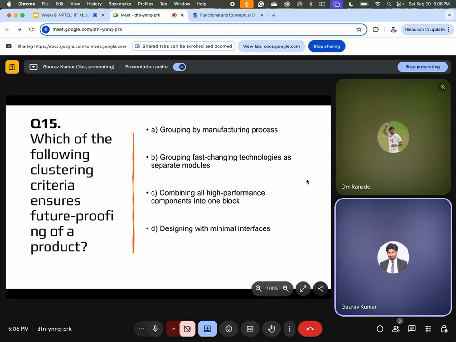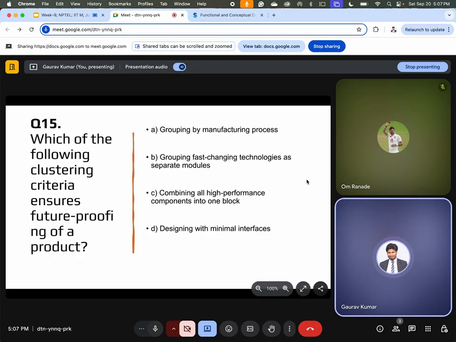So, what could be the explanation? It is saying which of the following clustering criteria ensures the future proofing of a product. One effective criterion in clustering for modularity is to isolate a fast changing technology into a separate module.